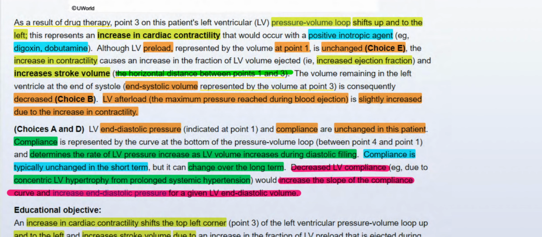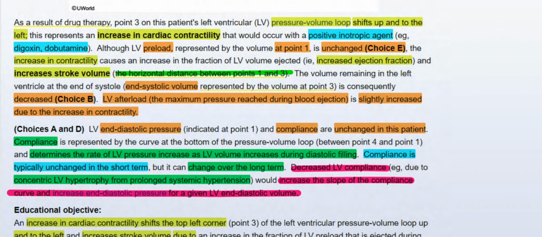Compliance basically determines the rate of left ventricular pressure increase as left ventricular volume increases during diastolic filling, right? Compliance is typically unchanged in the short term.